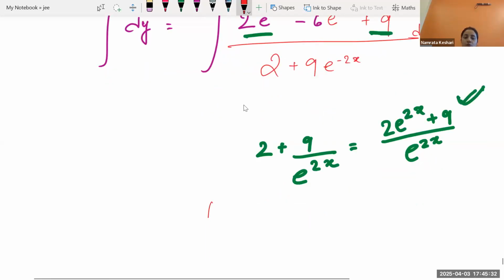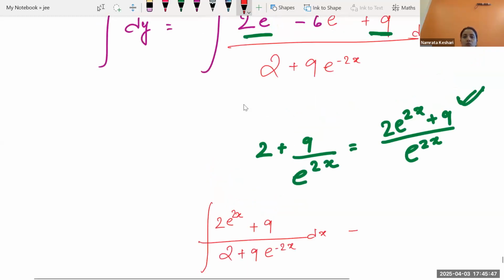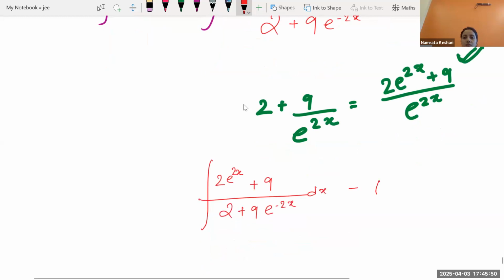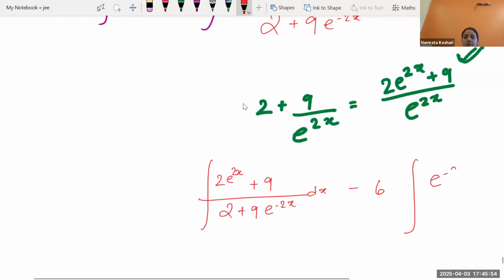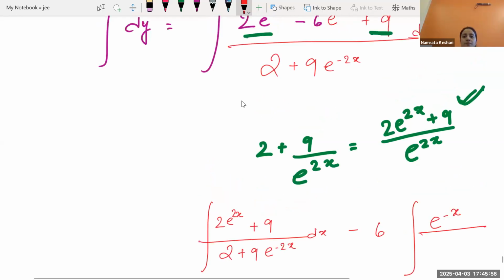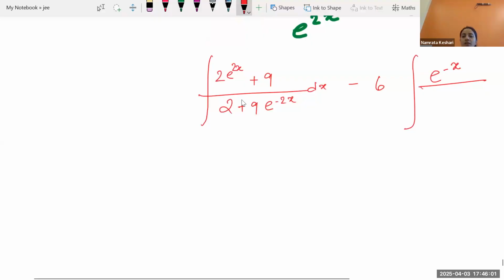We are having 2 e to the power 2x plus 9 over the denominator, whatever we were having, minus 6 e to the power minus x by 2 plus 9 e to the power 2x.